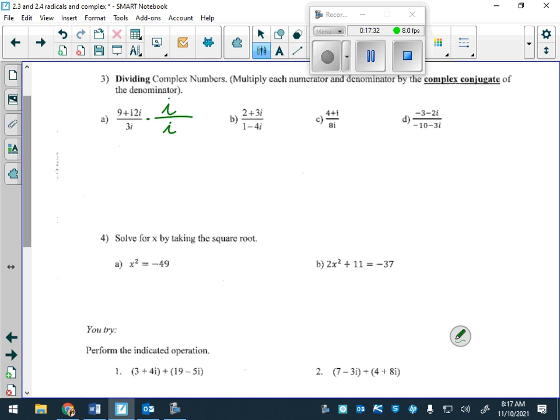So now I have i times 9 plus 12i. I'm just writing it as one fraction. What do I have to do with the numerator? We have to distribute, so we have 9i plus 12i squared. Now our denominator is 3i times i, which gives us what?